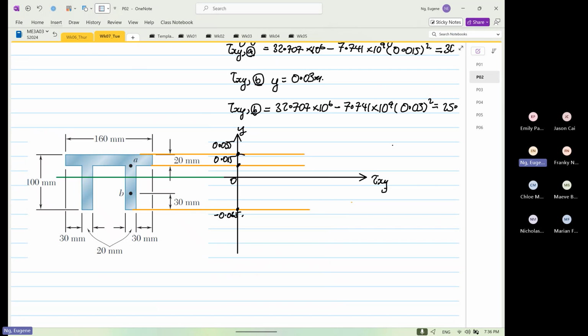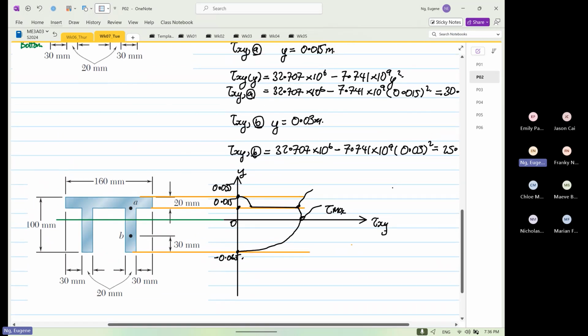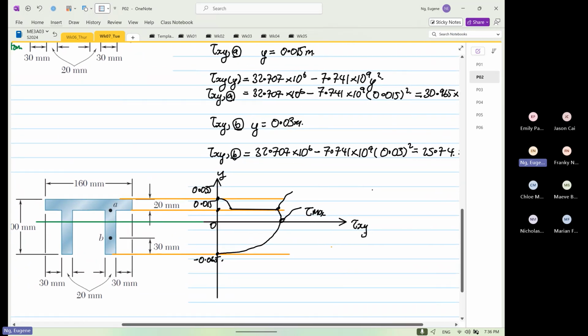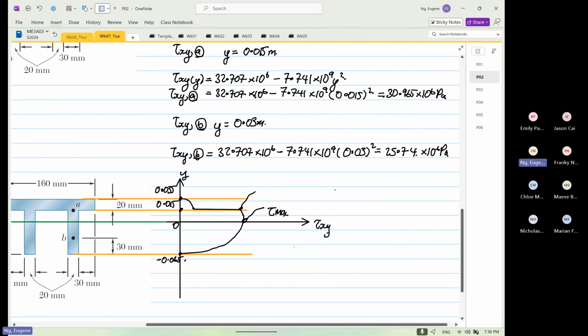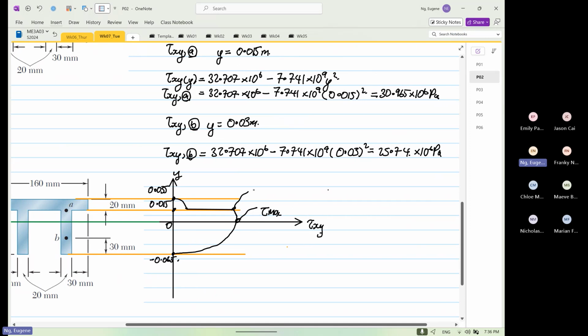So down here will be 0, reaching to the top. Because of the piecewise equation, the thickness changes, and then this just does this. And this over here will be our tau max. This value we do know, that value is equal to 30.965.